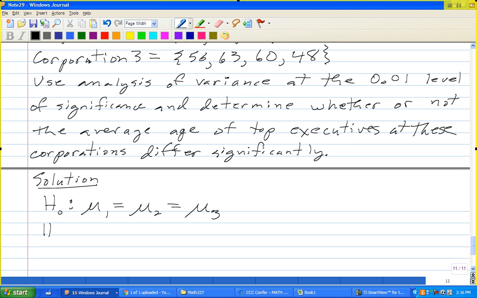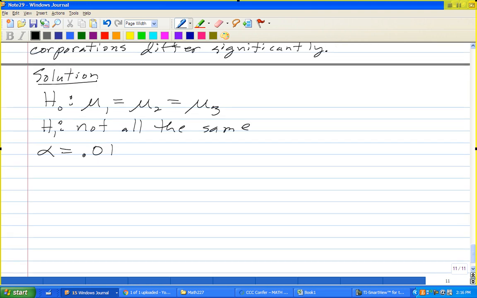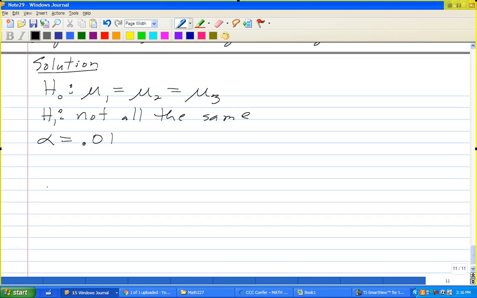The alternative hypothesis is that they're not all the same. Alpha is 0.01. This is going to be an F test. You'll always be right-tailed.